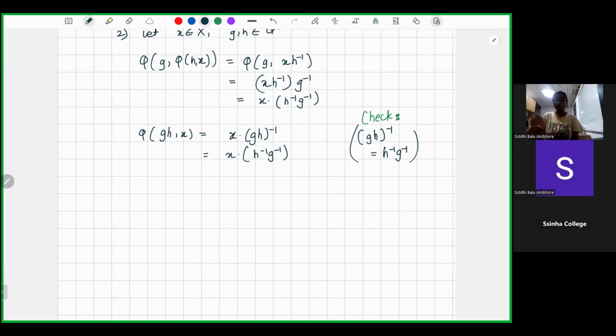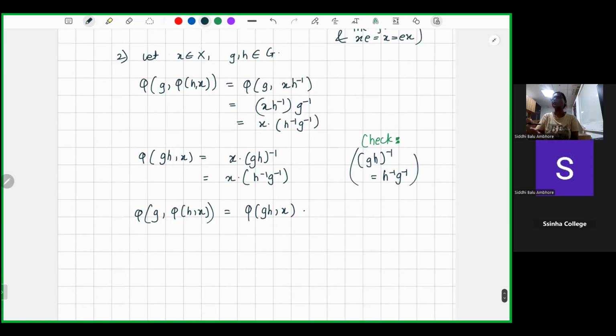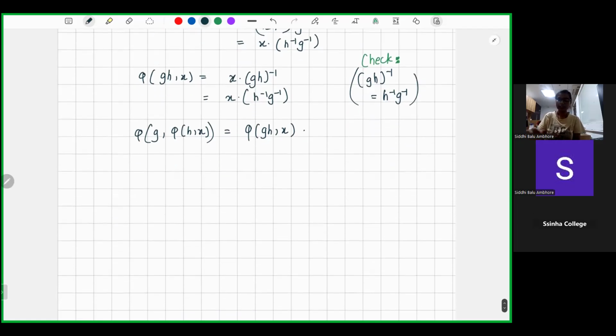I mean, we all know this, but still, if you don't know, it's good to check. And so this phi of G comma phi of H comma X is definitely equal to phi of GH comma X from the definition, and we just checked that this is true for any given X and any G, H were arbitrary.